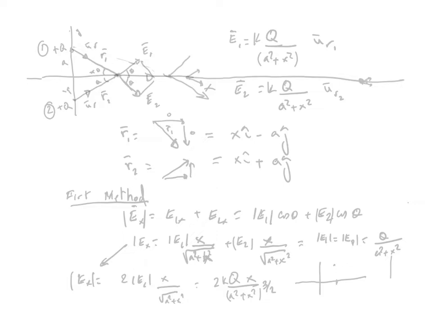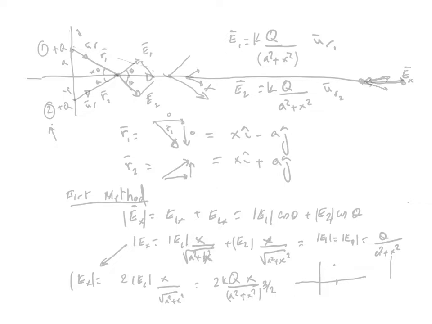It is the one that is produced by charge number 2, and the one that is produced by charge number 1 that is here. So this is the total electrical field.